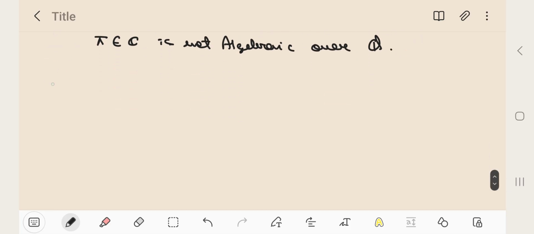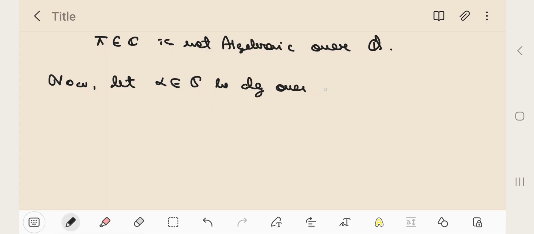Now let alpha in C be algebraic. Whenever I say algebraic, I mean algebraic over Q, or an algebraic number, whatever term you want to use.